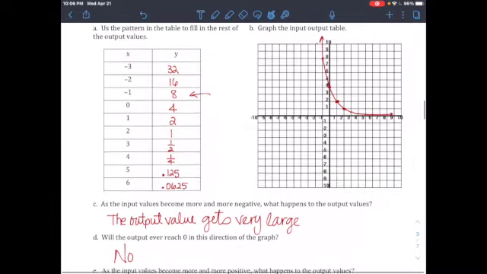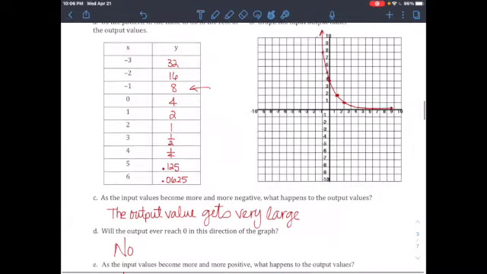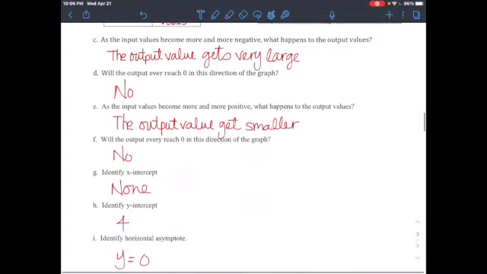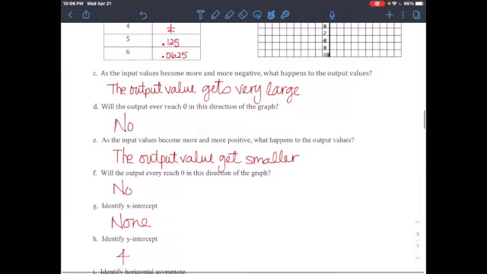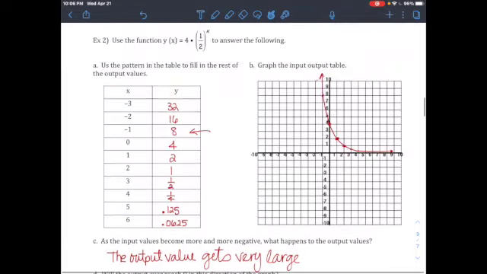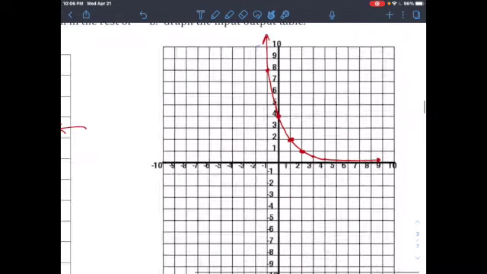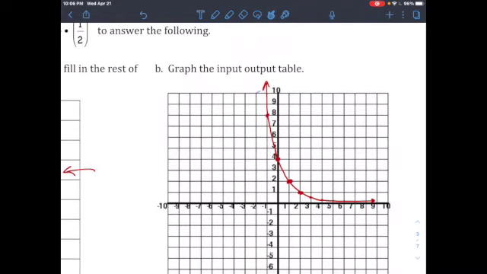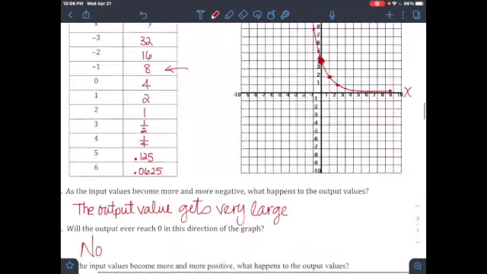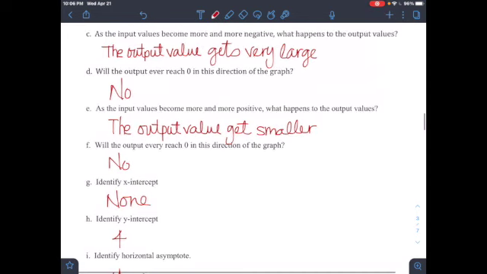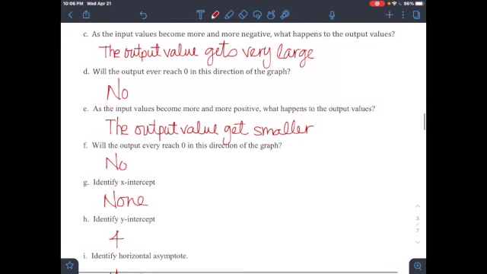Well, because the line will never cross the x-axis, there's no x-intercept. The y-intercept is when you're on the y line. When you are talking about the y line, this is x and this is y. So where's the point they meet? Right here. There's your y-intercept. Identify y-intercept.